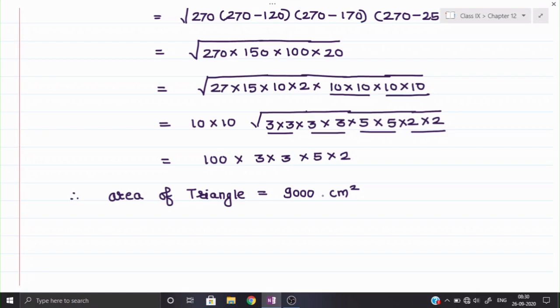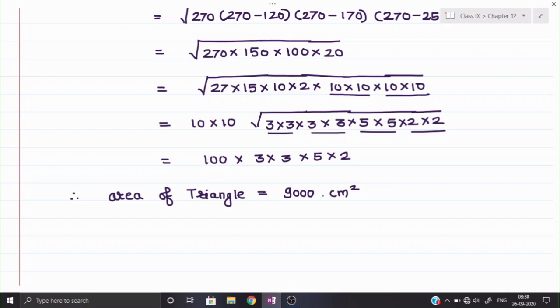And remember, whenever you find the area of any figure, the unit will be in square units. That can be square centimeter or square meter. Whichever unit is given in the question, write it as centimeter square, meter square, or whatever unit is given to you.